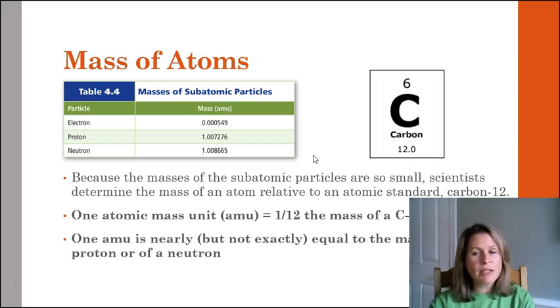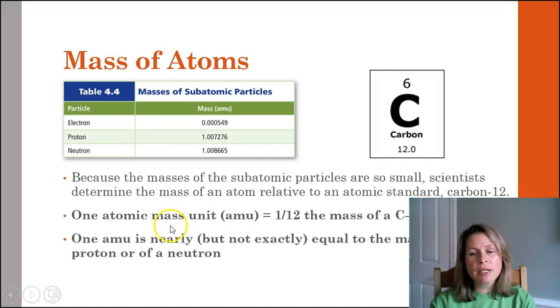So what scientists have done to simplify things is to assign relative masses. The relative mass of a proton we call 1, roughly, and the relative mass of a neutron we call 1, roughly, and then the relative mass of an electron is significantly smaller, but not in that 10 to the minus 27 range. We call these things atomic mass units.